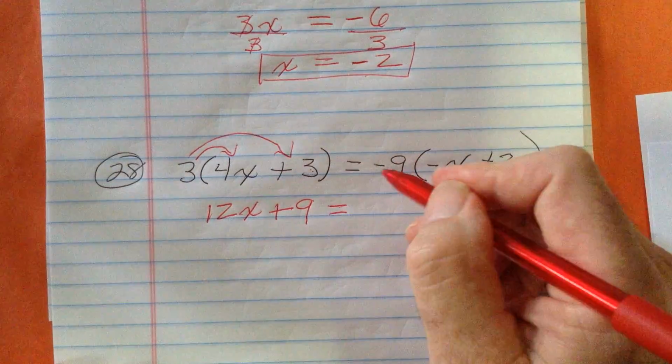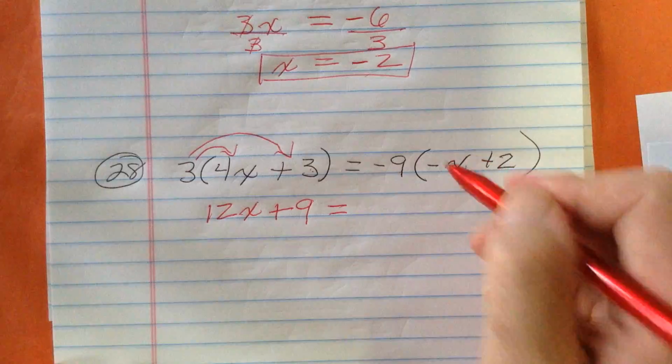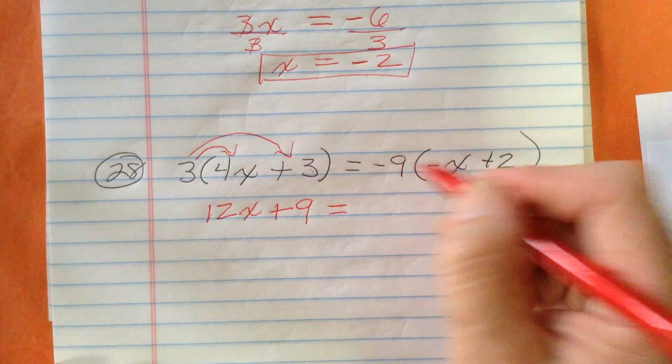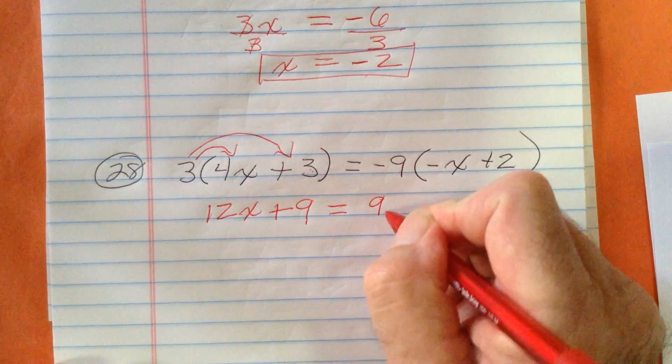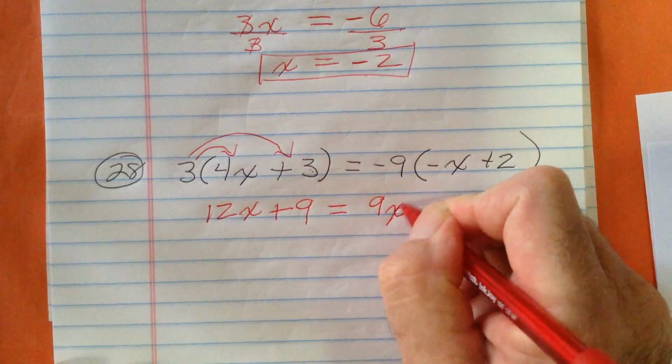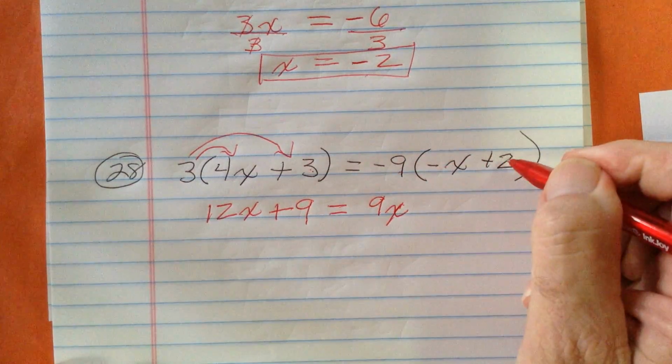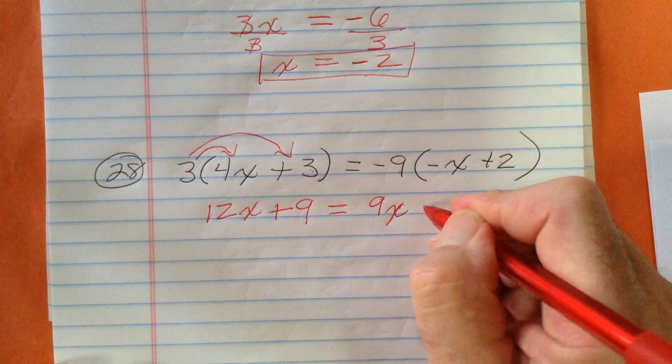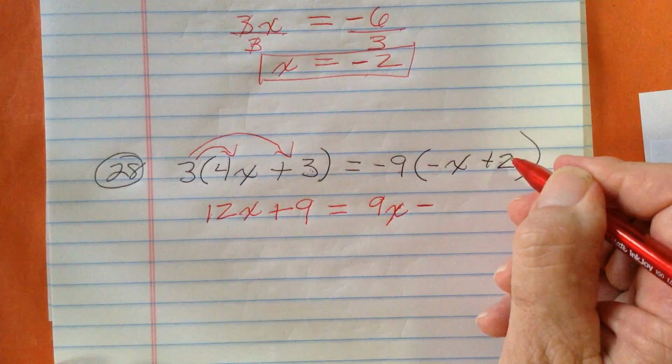Equals, I got negative 9 times a negative x, and negative times negative would be a positive 9x, and then negative 9 times a positive 2 would be a negative 18.